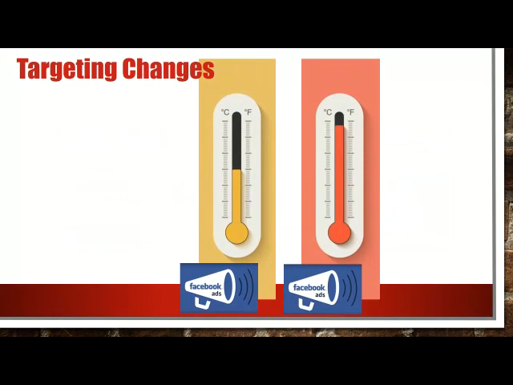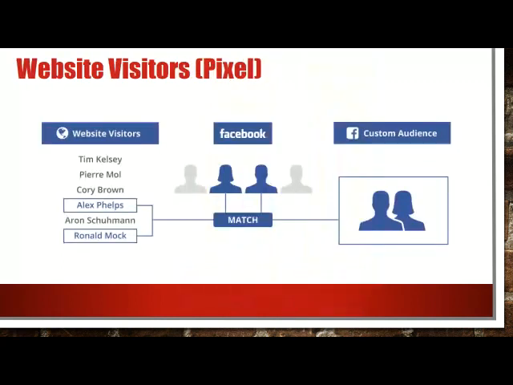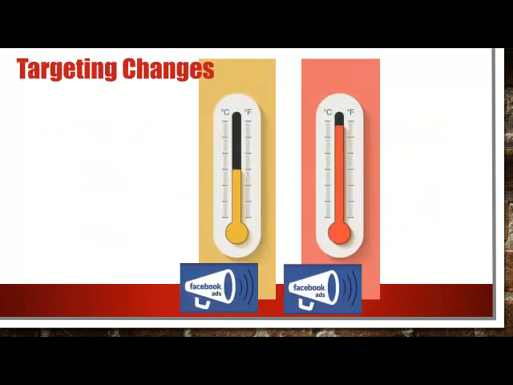Now the one thing that you'll notice is that it requires somebody to visit your page or your website, which means that in reality, there's no such thing as a cold audience in a pixeled group, right? So just warm and, of course, hot, and you can determine that by some other things, such as did they purchase something, or did they get a card, or did they sign up for my newsletter, right?